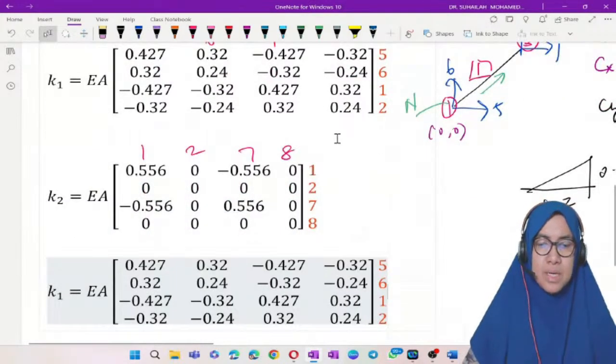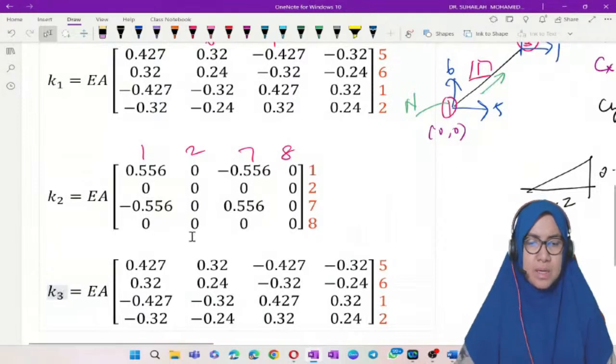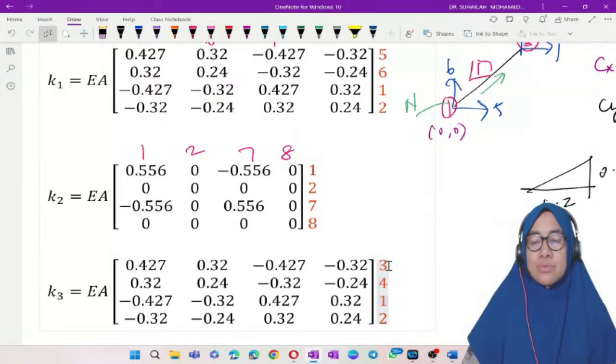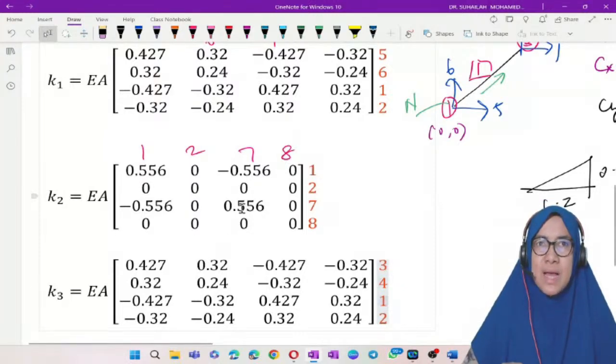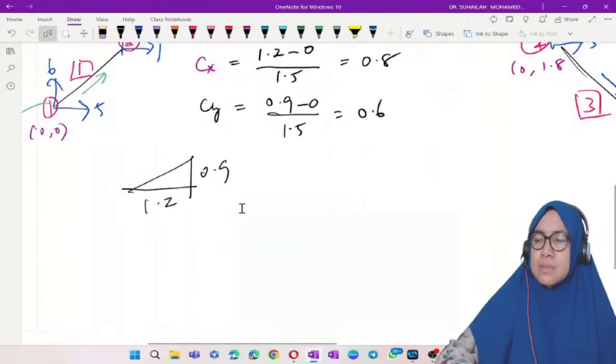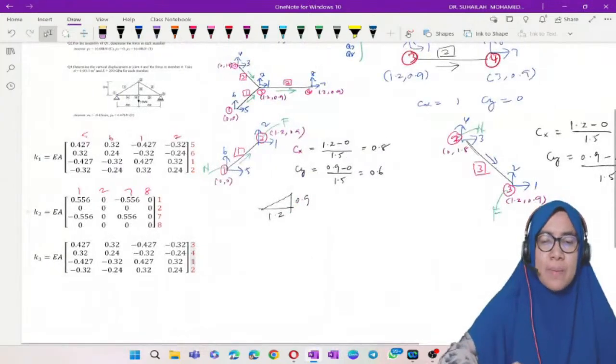So this one is K3. The label is 3, 4, 1, 2. Cx square means 0.8 square divided by length.